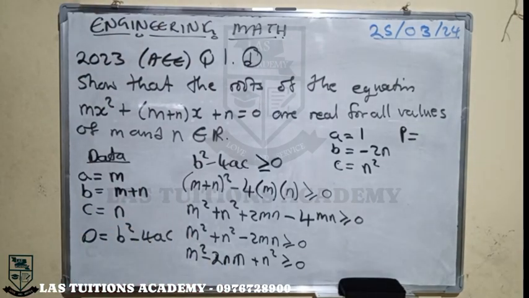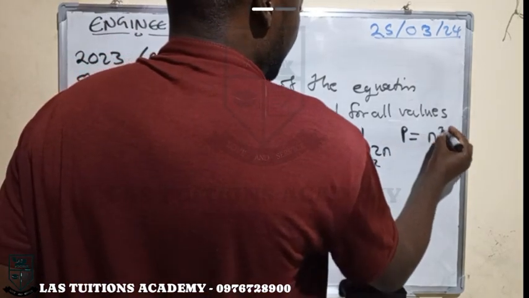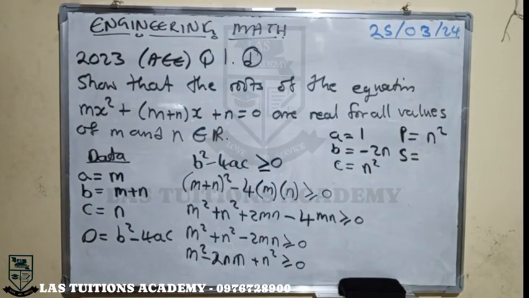Yes, so a times c gives us the product, which would be n squared. Then how do we find the sum? The sum is just b. You pick the b the way it is, that's your sum.